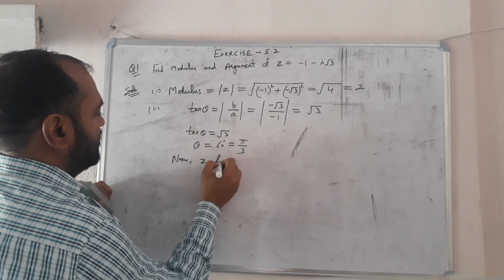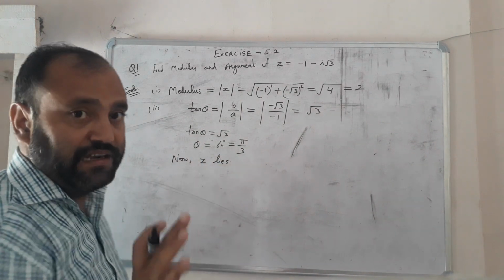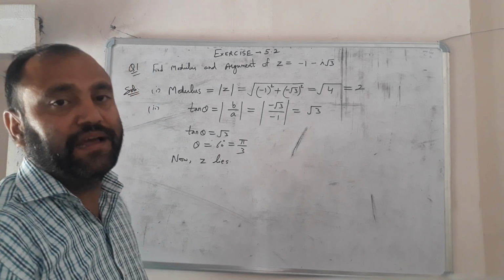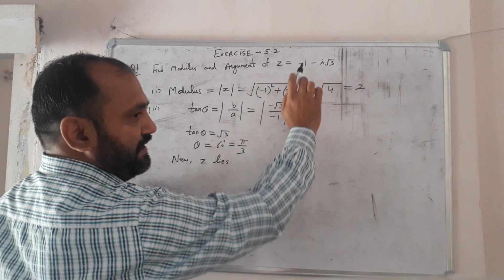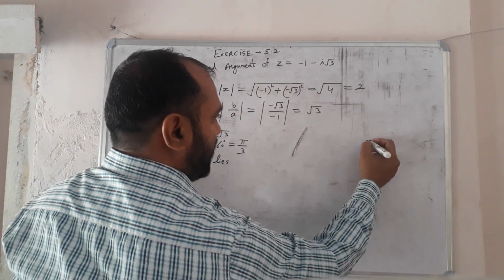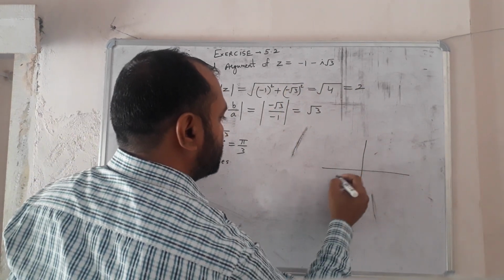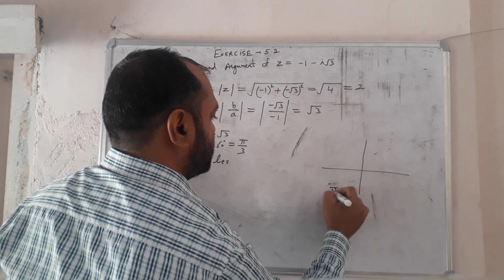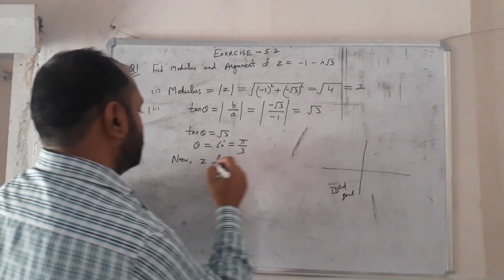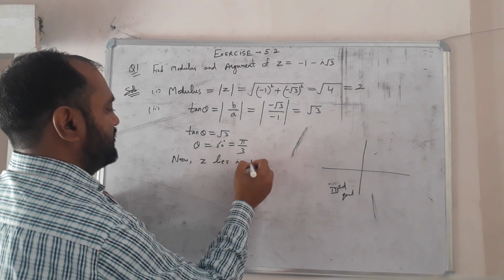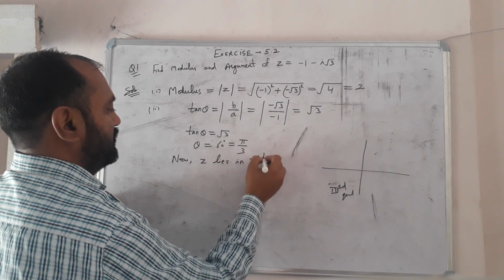Now you have to see in which quadrant z lies. Both are negative, which means it lies in the third quadrant. So z lies in the third quadrant.